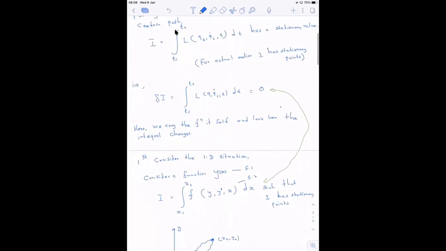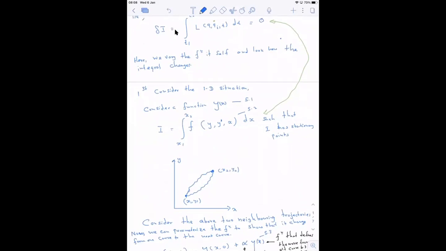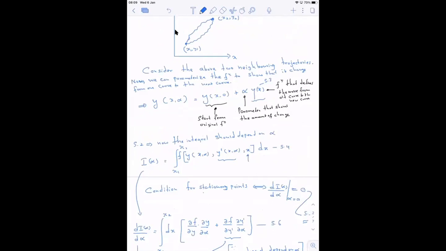In another way, for one dimension, if you make a small change in the line integral, when the function goes from one point to another, if you change the path by some amount, that new path can be written according to equation 5.3 using this parameter alpha and the new function eta(x), and then the line integral becomes a function of alpha, and you differentiate the line integral with respect to alpha.